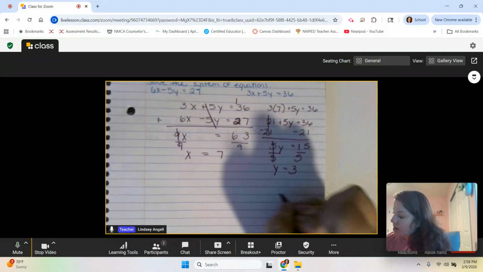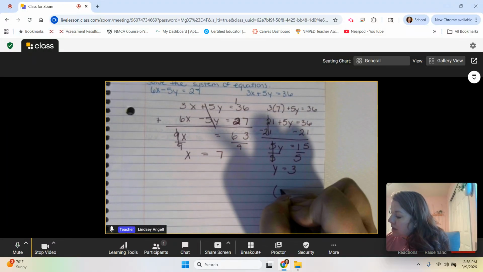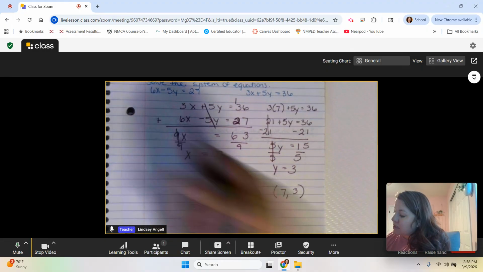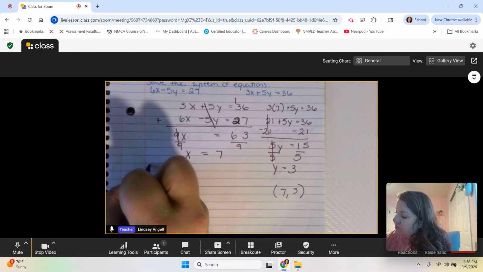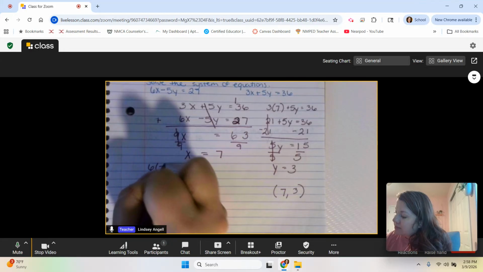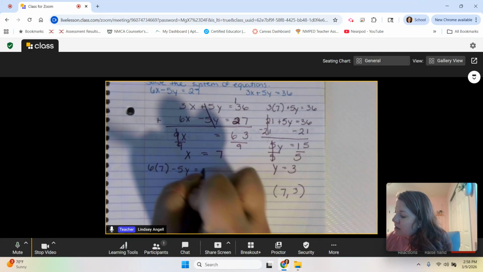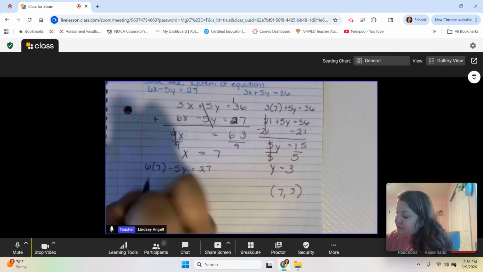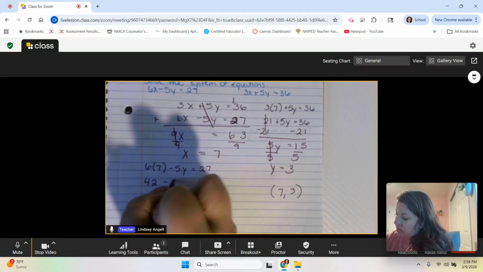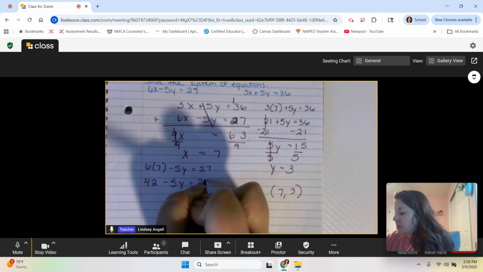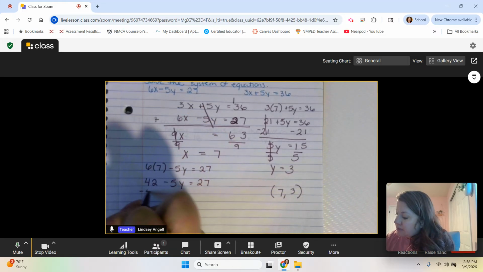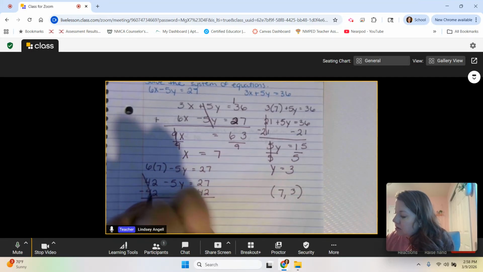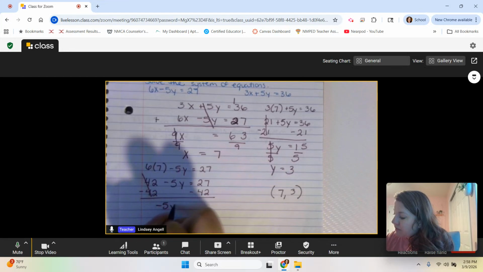I guess I'll write it down here. x is 7. y is 3. Now, if I plug it back into the other equation, let's see what happens. We've got 6 times 7 minus 5y equals 27. Well, 6 times 7 is 42. Minus 5y equals 27. I can subtract 42 from both sides. They'll cancel on the left. I'm left with negative 5y.